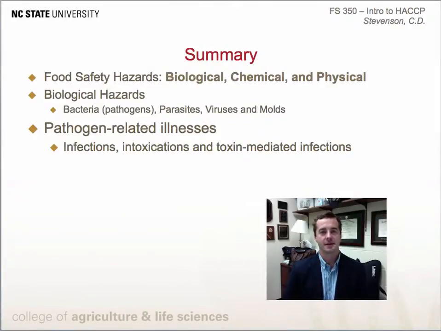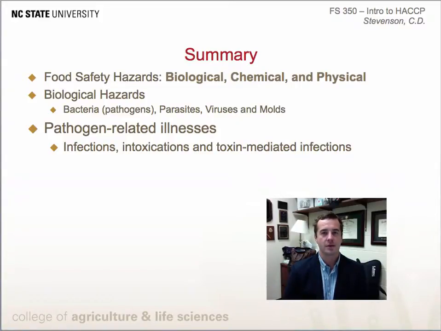That concludes this lesson. So in summary, we talked about the 3 food safety hazards, being biological hazards, chemical hazards, and physical hazards. We talked about the 4 origins of biological hazards, being pathogens, parasites, viruses, and molds. As far as pathogen-related illnesses, we talked about infections, intoxications, and toxin-mediated infections.